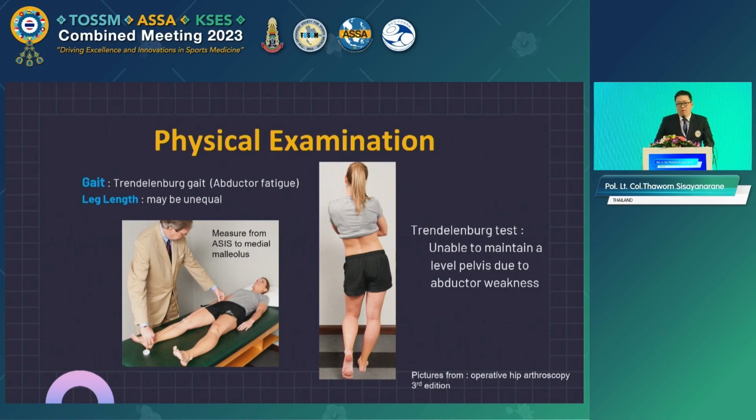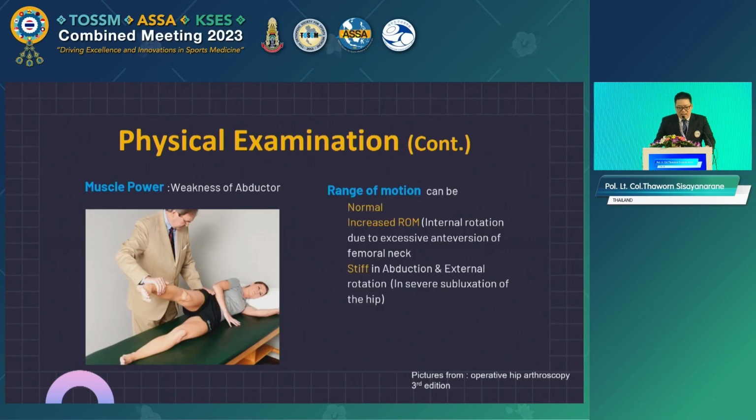It may be equal or unequal depending on the spectrum of subluxation or dislocation of the hip. Normally we measure from the ASIS to the medial malleolus and record the measurement of both sides. In muscle power, we commonly find that the abductors of the hip are weak.